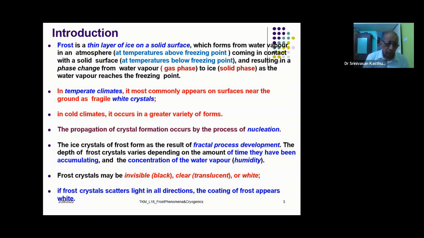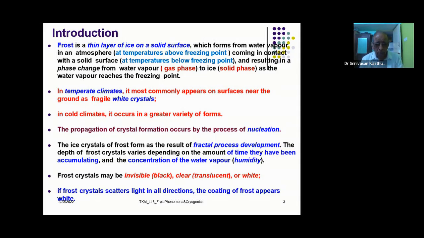Suppose you consider temperate climates, that means moderate climates. Normally you can see the frost occurring on surfaces near the ground as fragile white crystals. This is normally the case in temperate climates.